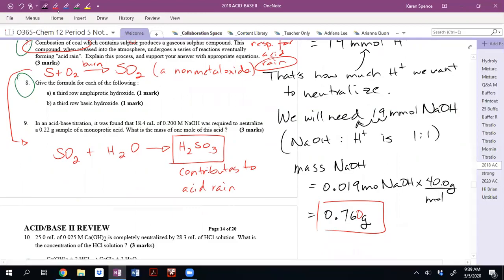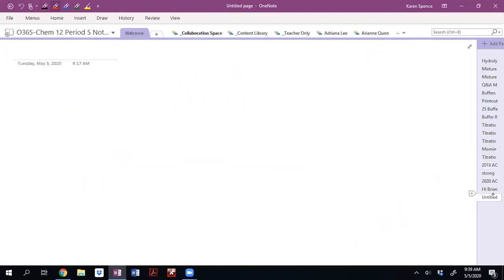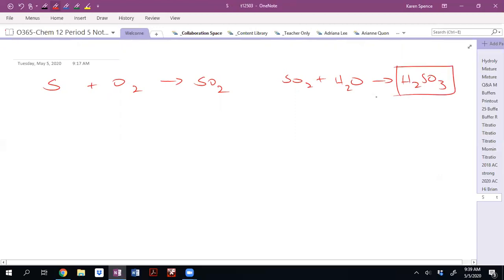The next step in the reaction is, let's grab a new screen here. So we had S plus O2 gives SO2, and then we had the SO2 plus the water gave H2SO3, acid rain.